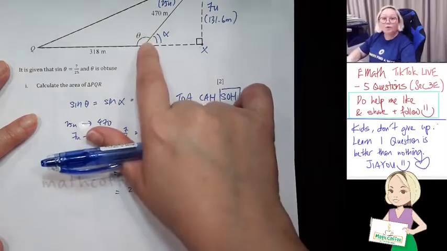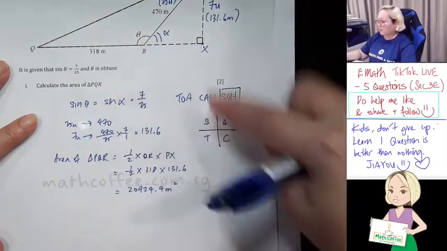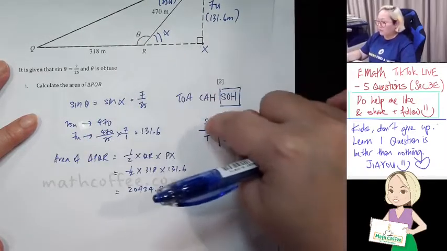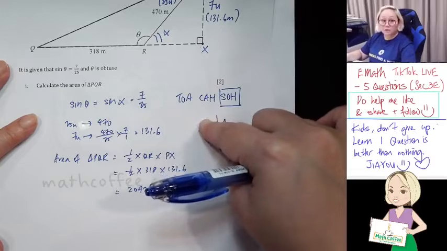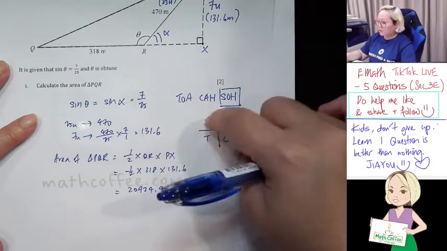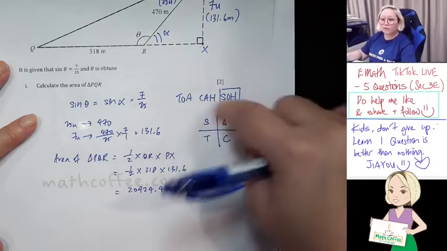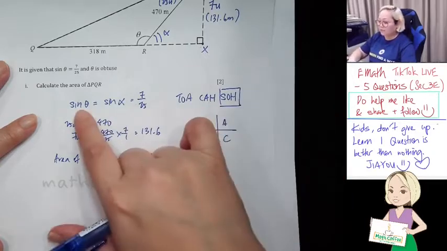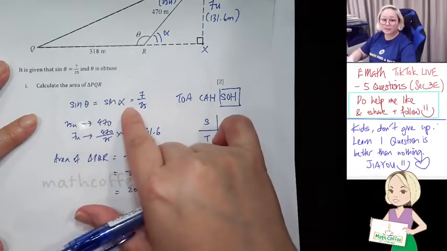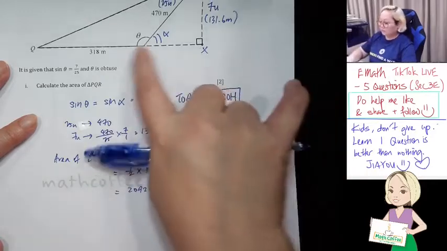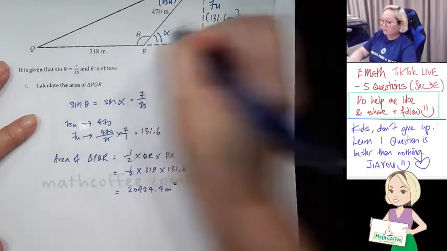Theta is obtuse. It is an angle in the second quadrant. And we know that in the second quadrant, sine is positive. In other words, their ratio will be the same for the first quadrant and the second quadrant. That's why I know sine theta is equal to sine of the basic angle.